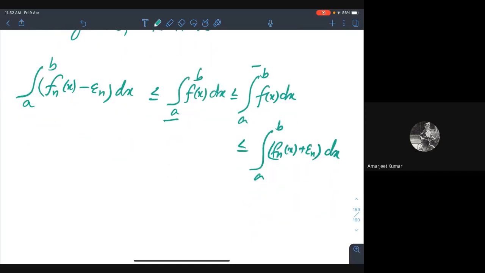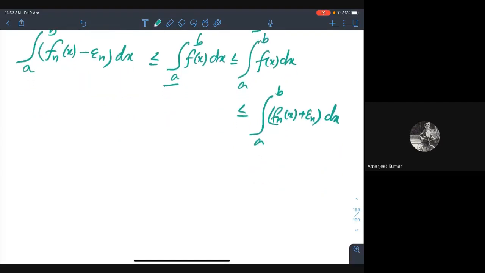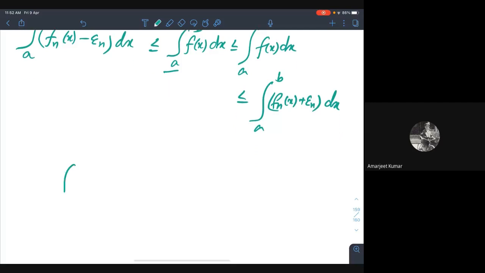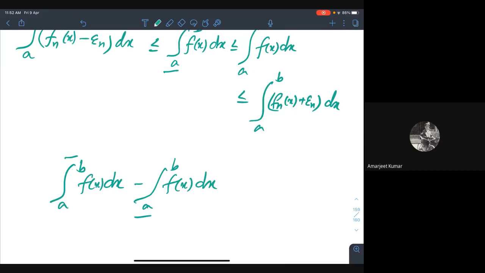All right. Now we look at the difference between this lower integral and this upper integral, right? So the upper integral from a to b of f(x) dx minus the lower integral from a to b of f(x) dx.